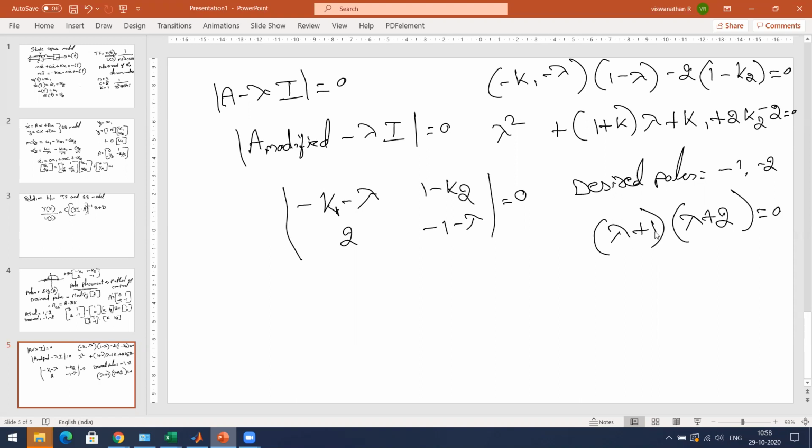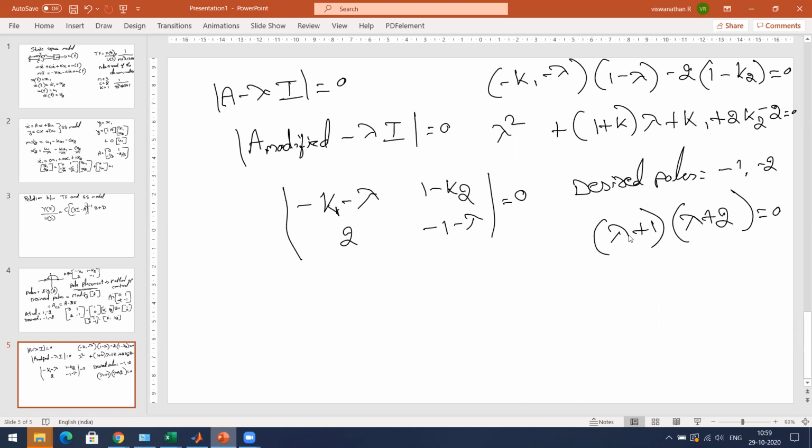So this is lambda equal to minus 1 and lambda equal to minus 2. Eigenvalues are nothing but the poles of this matrix. So this is the desired one. Are you able to understand? Yes, sir. Lambda equal to minus 1, lambda equal to minus 2 are the poles.